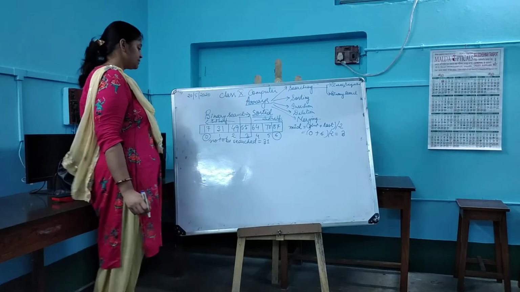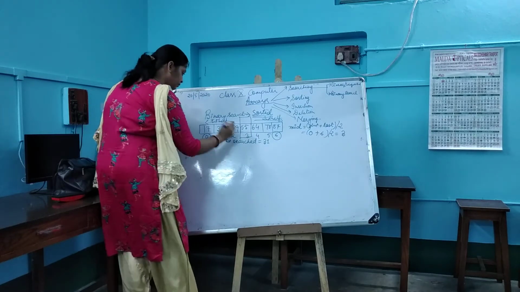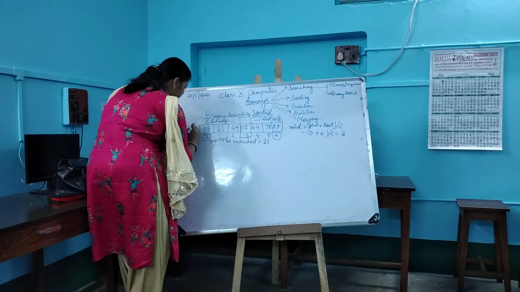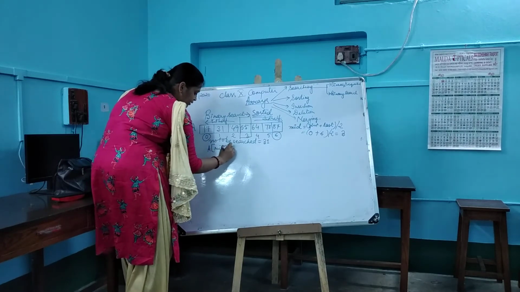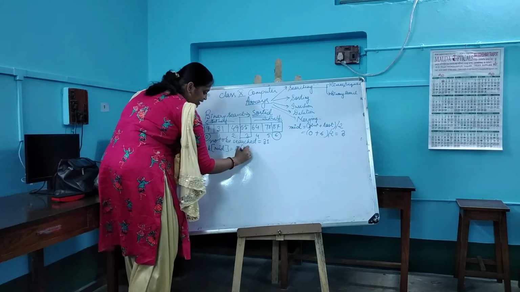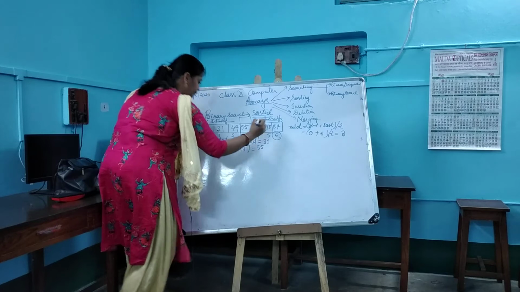Now how do we check? Say this is array A, so at the mid position, that means A[3], which we got from there, is 55.